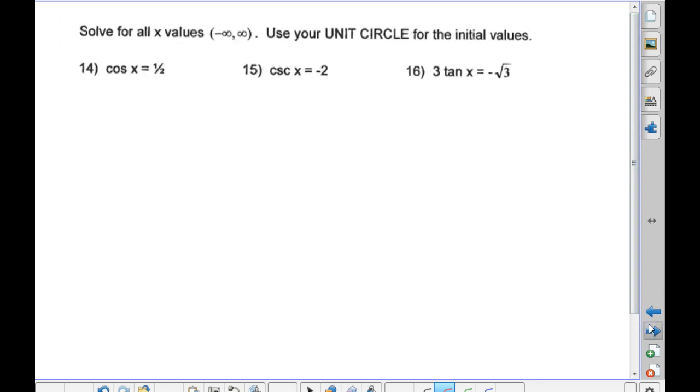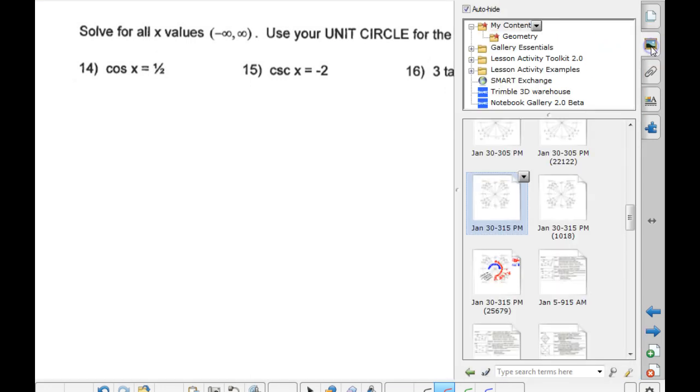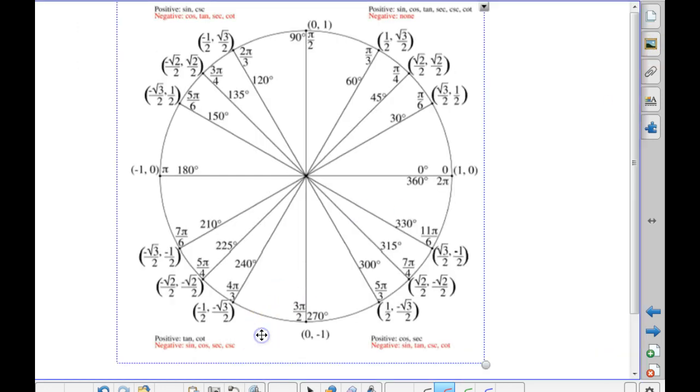All right, 14 is your basic equation solving. Are we going to graph on our calculator or use our unit circle? Yep, we can use our unit circle to find where the cosine is 1/2. Where's the cosine 1/2 here, guys?